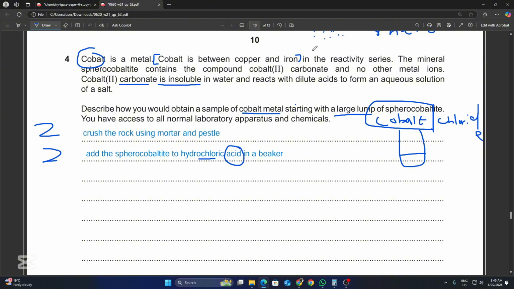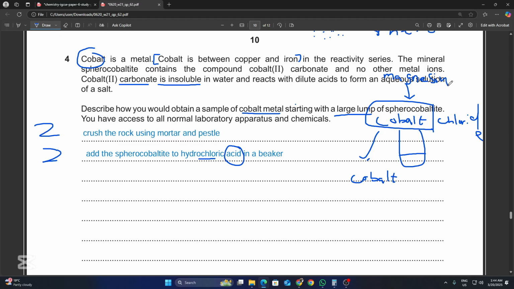How we're going to do that is we react this cobalt chloride with a metal that is more reactive than cobalt. That more reactive metal will push cobalt away and take its place, and cobalt will be on its own. For example, if we have to name the metal, magnesium.